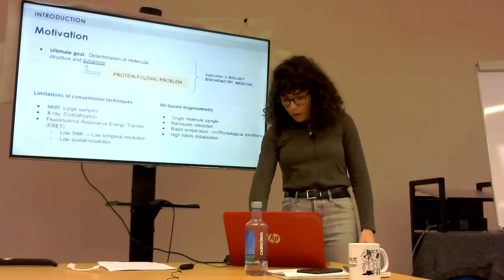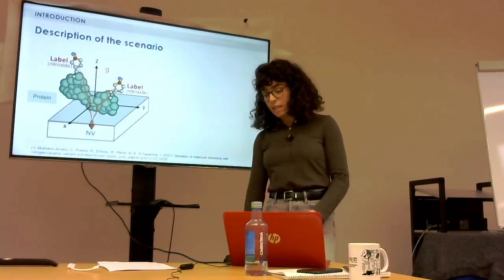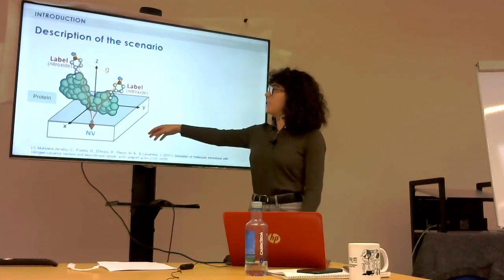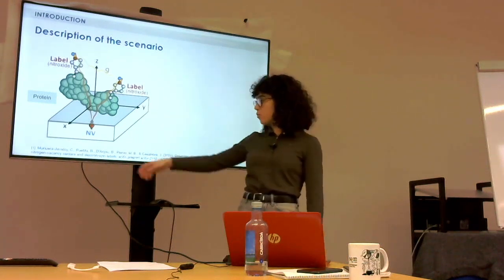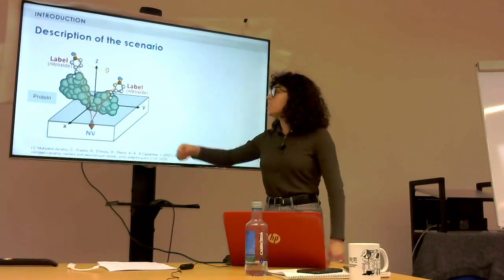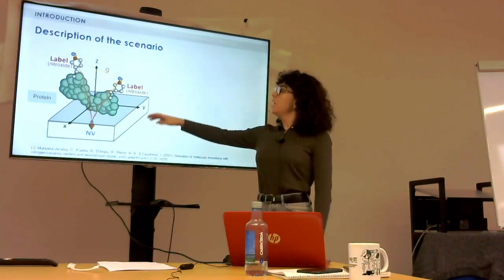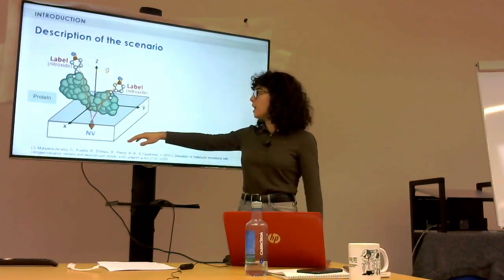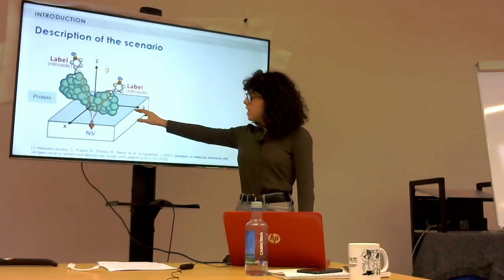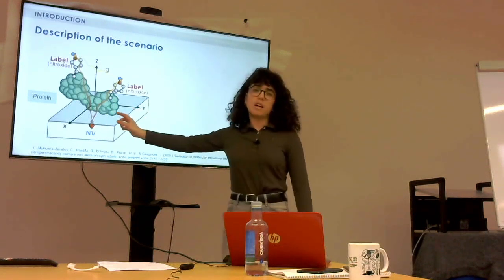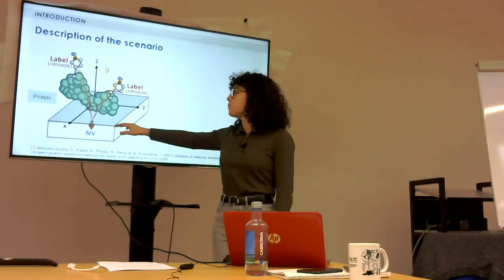And to track the movements of proteins, this is a possible scenario which was proposed by Carlos in the paper that he's publishing right now. Here we see a protein which is laying on top of a diamond surface, and this diamond has a shallow NV, which is located a few nanometers away from the surface.